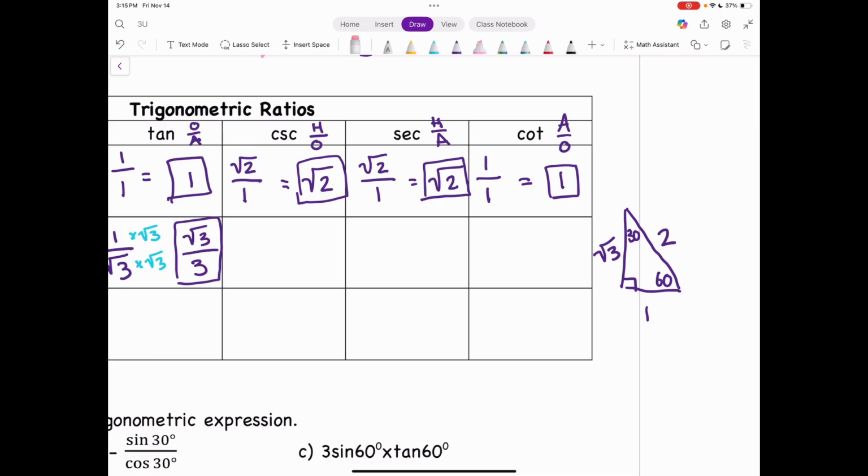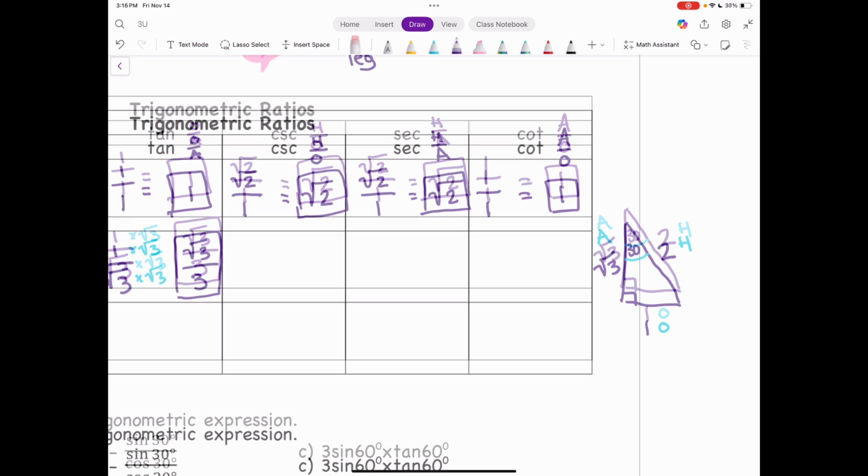Okay, cosecant is hypotenuse over opposite. So if we're looking at, let's erase the 60 so as to not confuse ourselves. If we're looking at the 30 degrees, my hypotenuse is here, my opposite is here, and my adjacent is here.